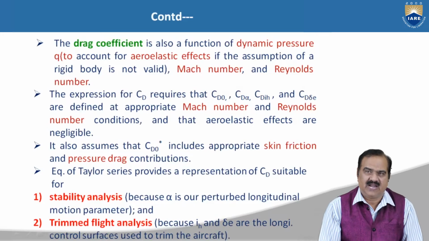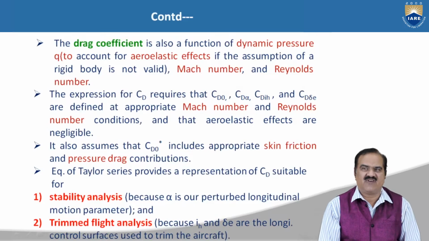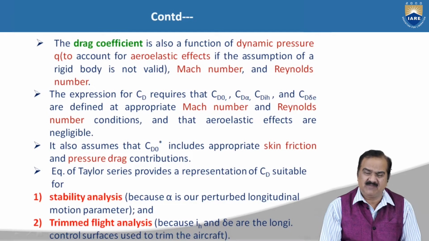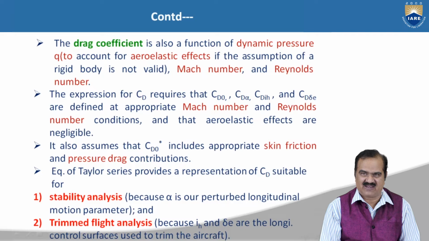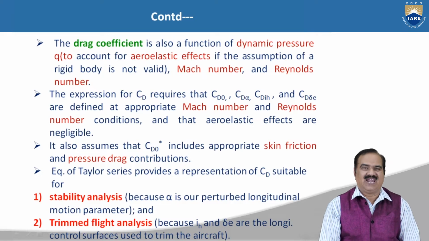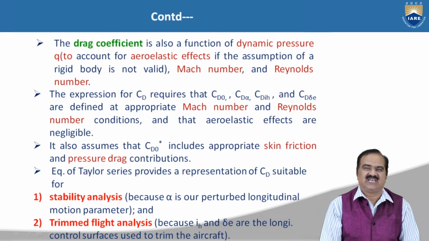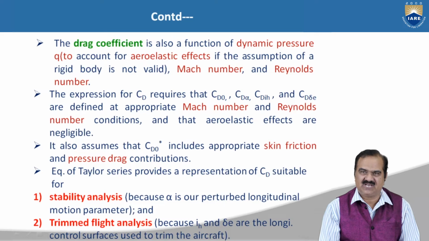Now, the drag coefficient is also a function of dynamic pressure. It is also called Q. The dynamic pressure is half rho V square. To account for aeroelastic effect, if the assumption of rigid body is not valid. Normally we assume that the body is rigid, but if we are not assuming that, then we have to take into consideration the dynamic pressure, Mach number and Reynolds number of the aircraft.